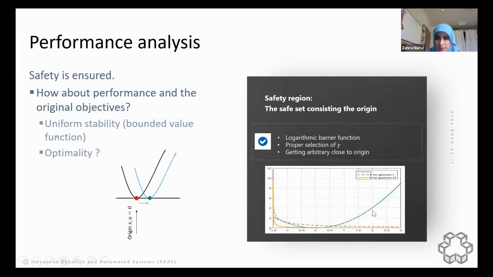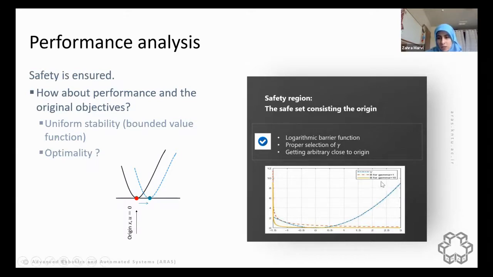To give an example, consider that V is our value function, whose optimum point is located at 0. And here two barrier functions are plotted. One of them is for gamma equal to 1, this red line, and one for gamma equal to 10, which is the yellow one. And as you see, both of them go to infinity at the point minus 1.5.